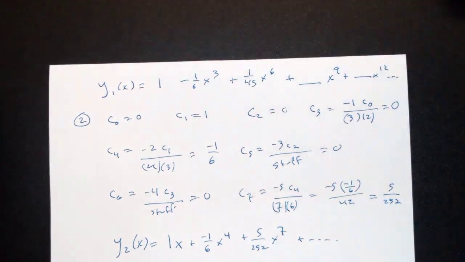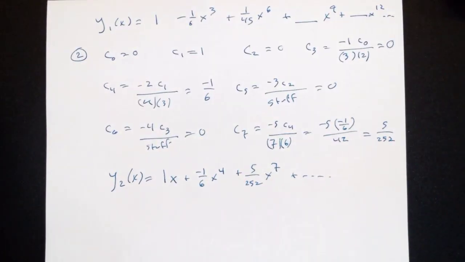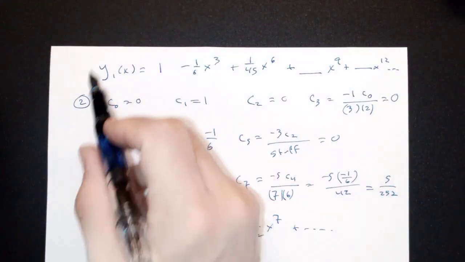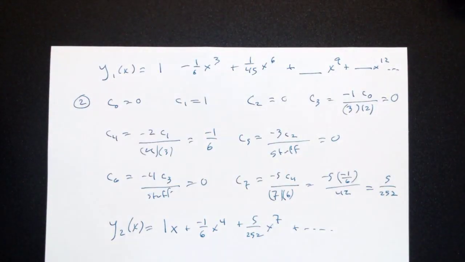And I've got both of my solutions based on my choices of C0 and C1, right? Now, since I chose C0 to be 0 and C1 to be 1, I could put a capital C in front of this, couldn't I? If I picked C1 to be any other number, there'd just be a C1 in front. Same thing with C0. I chose C0 to be 1. I could put C0 in front of that. Hey, doesn't that look like our solution C1 times Y1, C2 times Y2? That's exactly what we got when we did our solutions.